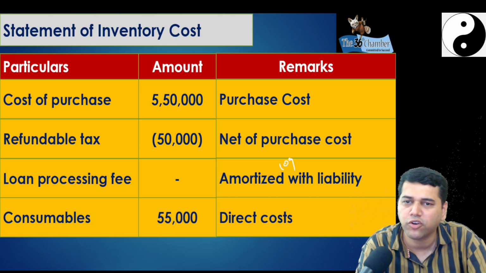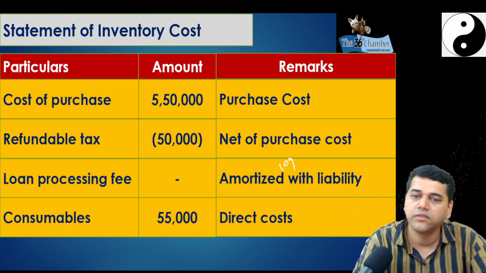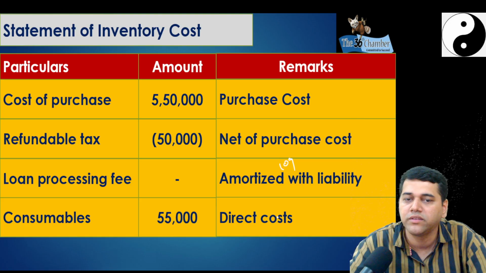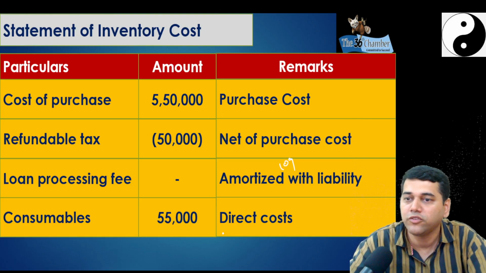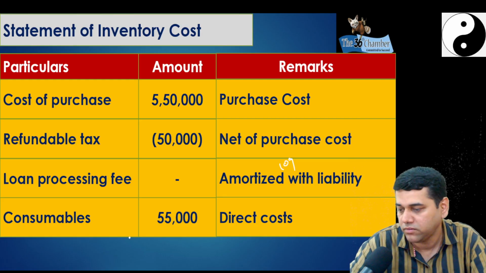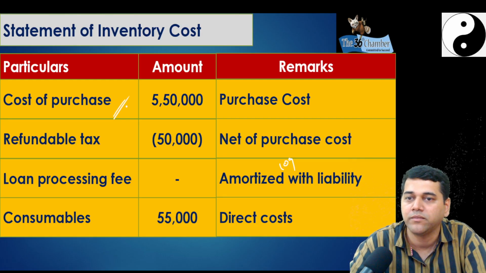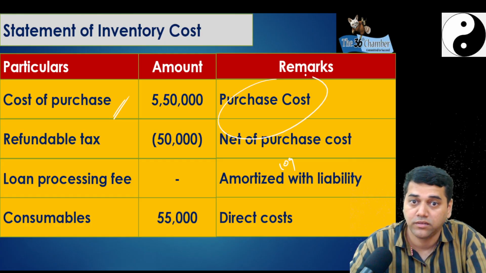Maybe we should say cost of conversion. This consumables is the cost of conversion, because it's not a direct material, correct? No, this is your direct material, and this is all conversion cost.